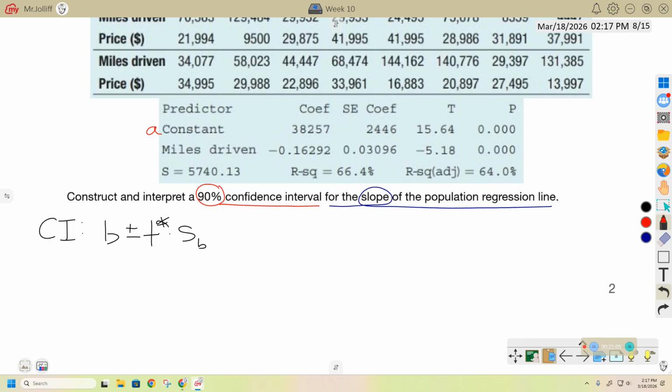The variable row, which should have a variable label, in this case miles driven, has to do with my slope. And you will notice in that first column, it just says coefficient. So this first number here, that is my y-intercept. a equals 38,257. That's my y-intercept. This second number here is my slope. My sample slope is negative 0.16292. Yay.